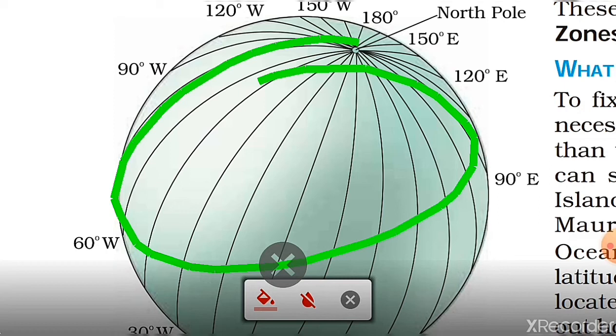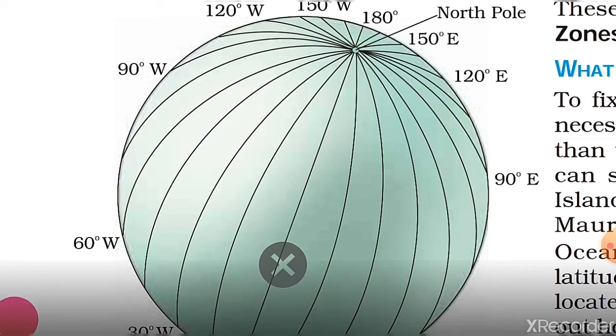Hence, all countries decided that the count should begin from the meridian which passes through Greenwich, where the British Royal Observatory is located. This meridian is called the prime meridian. So, we should start counting from the prime meridian.